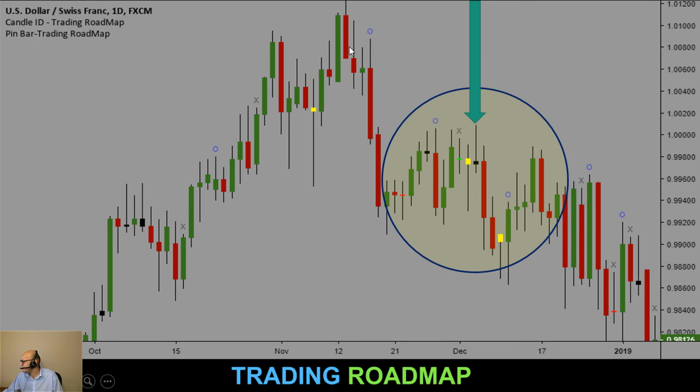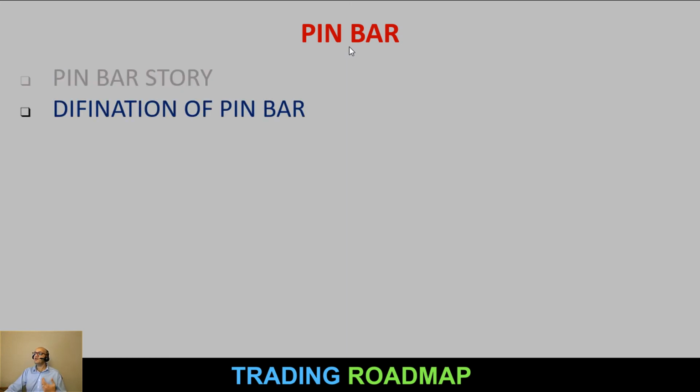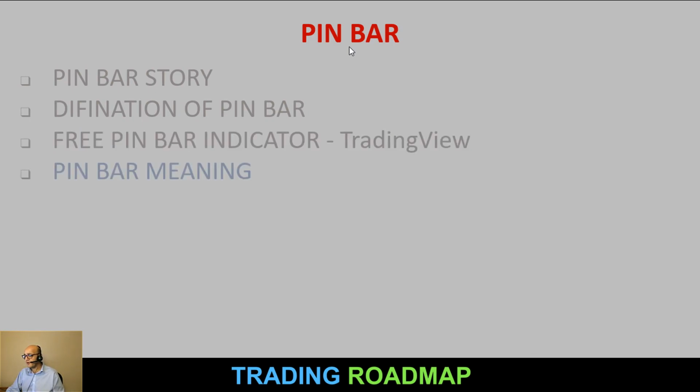So I believe that's it for today. So let's have a quick recap. Today we discussed the pin bar story and the Pinocchio story, and it was very funny. And also we discussed the definition of the pin bar. We also discussed, and I showed you, the free indicator of TradingView for the pin bar. It's very easy to find and it's also free. And the pin bar meaning, and we mentioned it's not only a trend exhaustion, sometimes it's profit taking. And we discussed also the V pattern, and we described it.